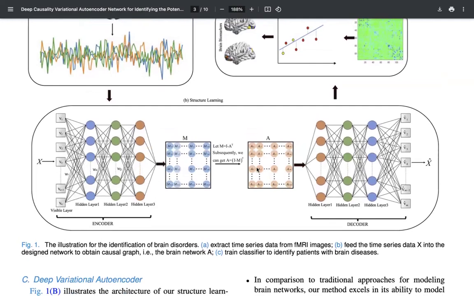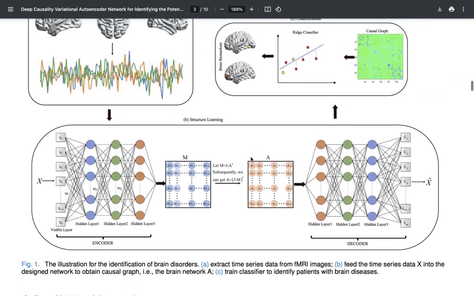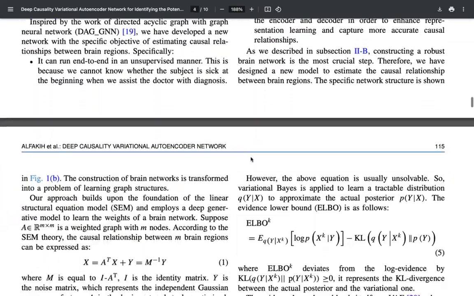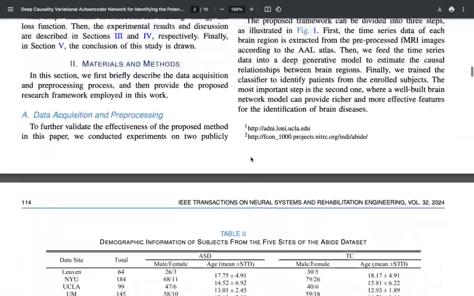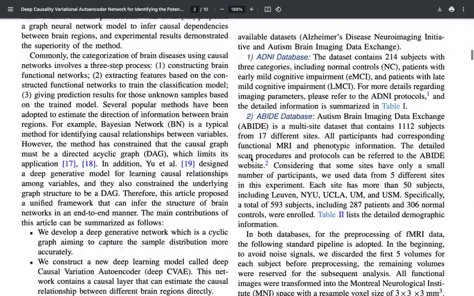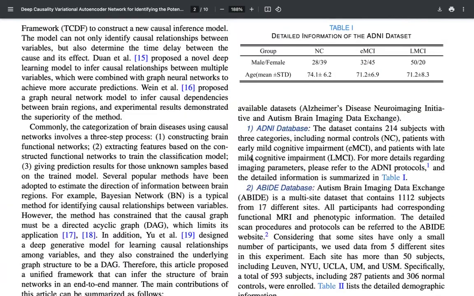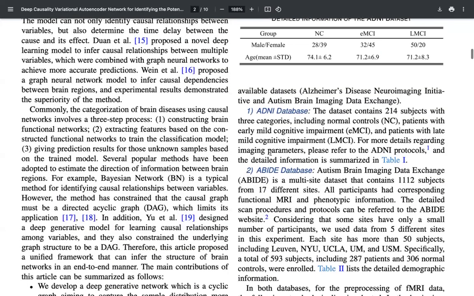Do you want to ask something, Joanne? You were looking for stuff in the paper. No, yeah, I'm not sure about their choice of the data set. They don't really mention too much. You mentioned schizophrenia. I did notice that.